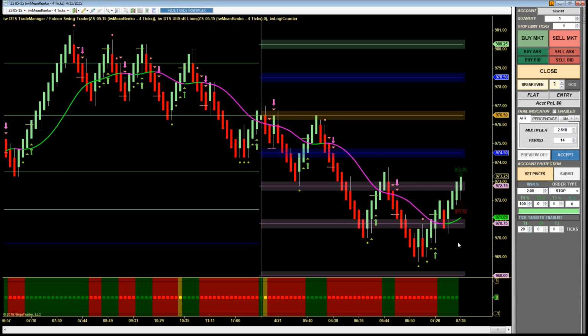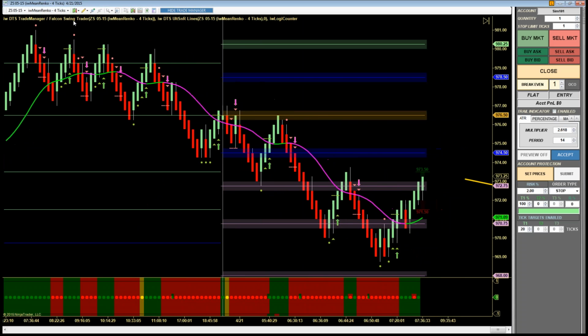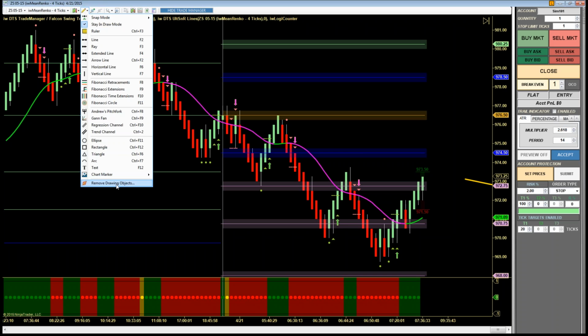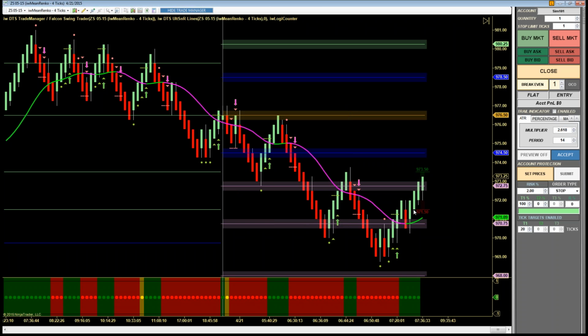So let's fast forward this a little bit and pretend that we're generating a trend change signal. So we get our little characteristic up, down, up pattern. The market comes back, and now all of a sudden we're printing a buy signal right here.